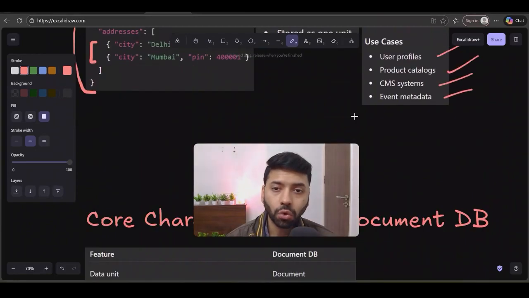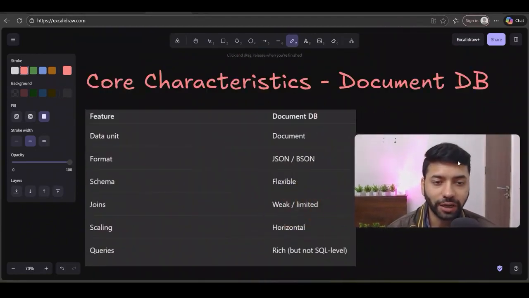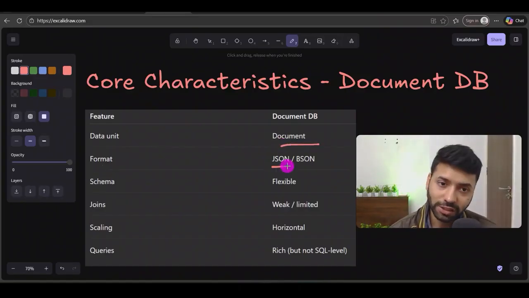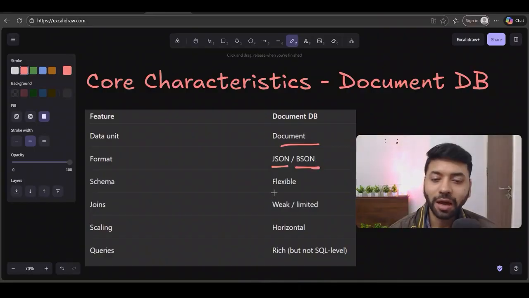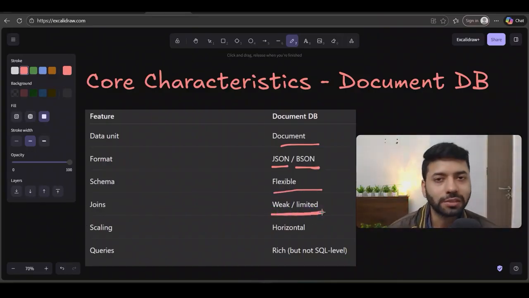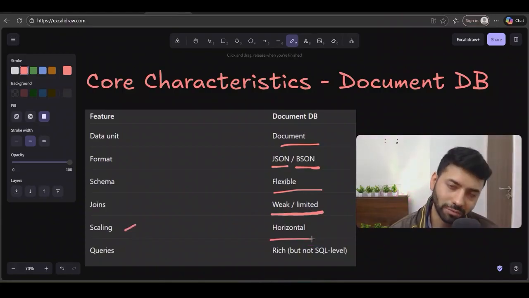Now let's see some of the core characteristics of document databases. In a document DB, the data unit is the document, and the format of the document can be JSON or BSON. The schema is flexible in a document database. When we talk about joins, document DB is weak in joins, or you can say it provides limited support for joins because it's a category of NoSQL database. When we talk about scaling, it is good in horizontal scaling, as we discussed earlier; by default NoSQL databases are good in horizontal scaling.